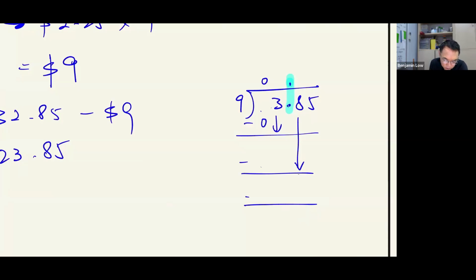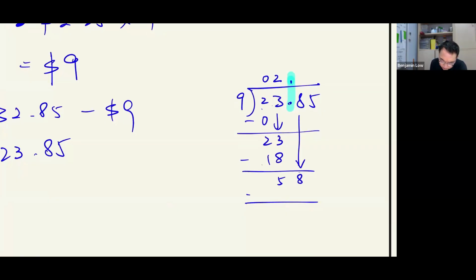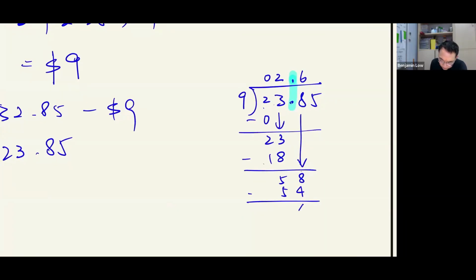Okay, so here we go. 0. This is 2. So left 2, bring down 3. 2, 9, 18. 5, 8, 58. Nearest one is 54. That's a 6. That's a 4.